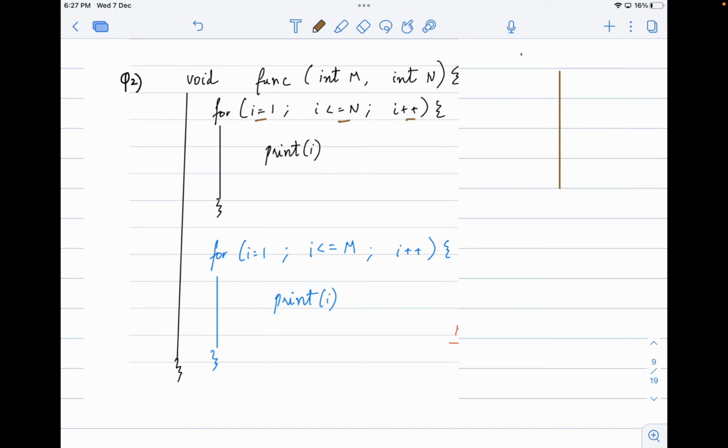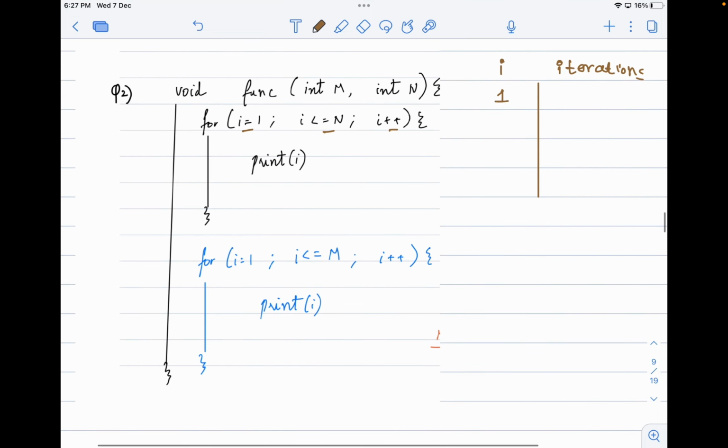Okay, this is your i and this is your iterations. Just tell me from where your i is getting started, from 1 to where it is going, n. If i is 1, 1 iteration is happening.